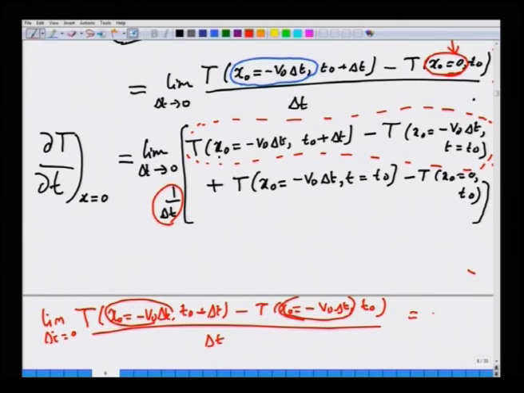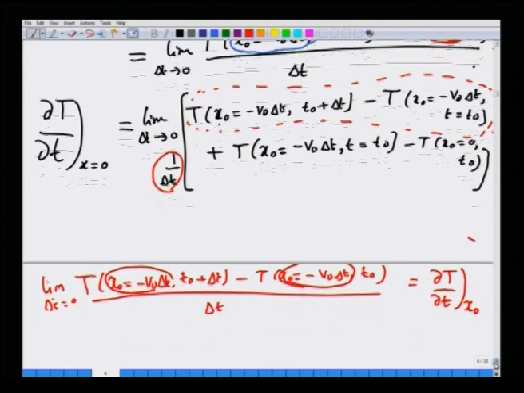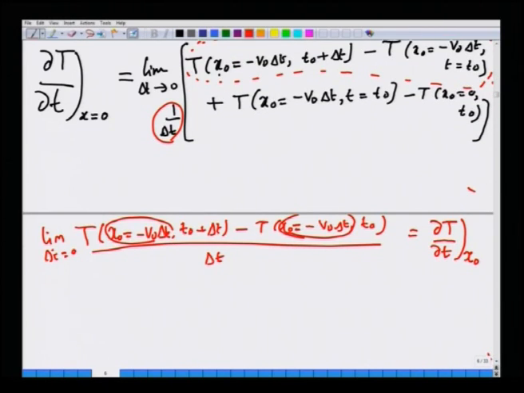So, this is nothing but the time derivative as you keep x naught constant. This is the Lagrangian time derivative. This is the time derivative as you follow the same particle.